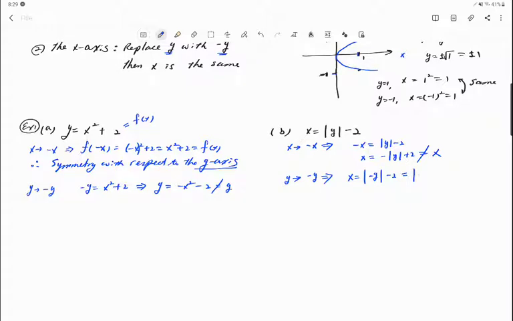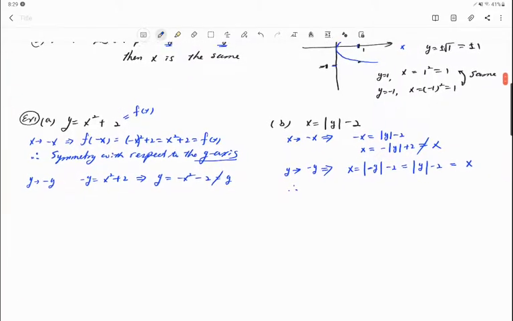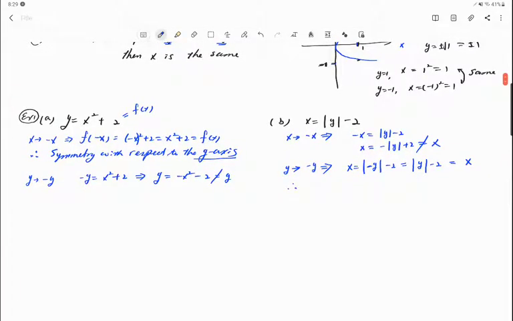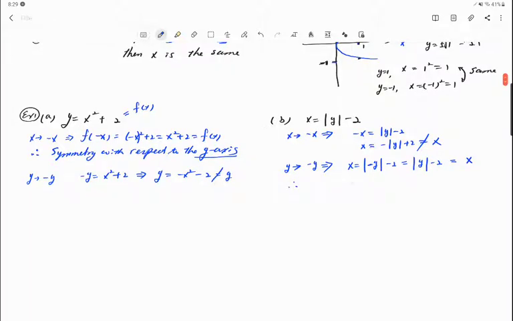The negative sign always becomes positive once it gets out of the absolute value symbol. So we have this, and this one is exactly the same as x, right? So this is symmetry with respect to the x-axis.